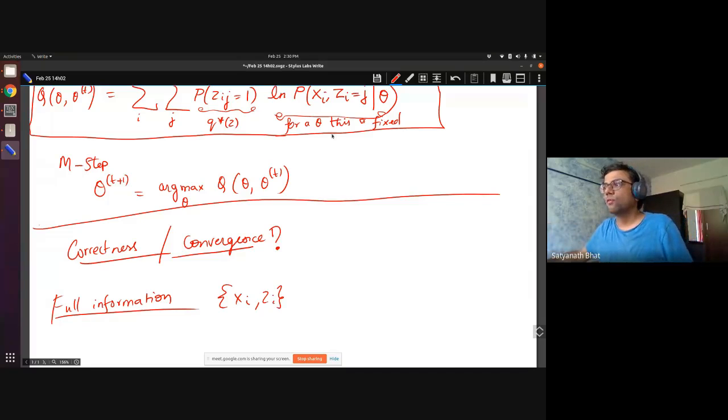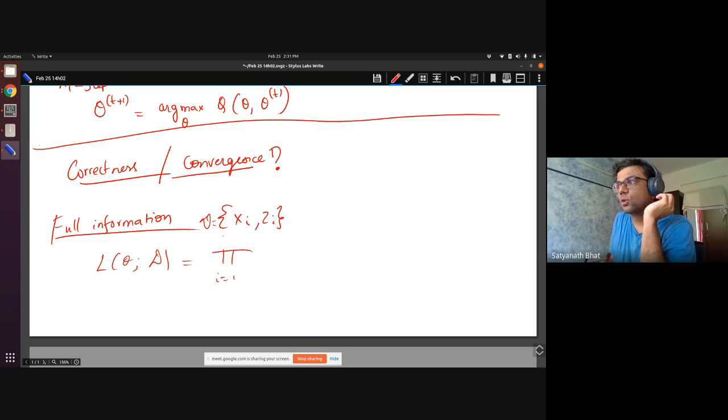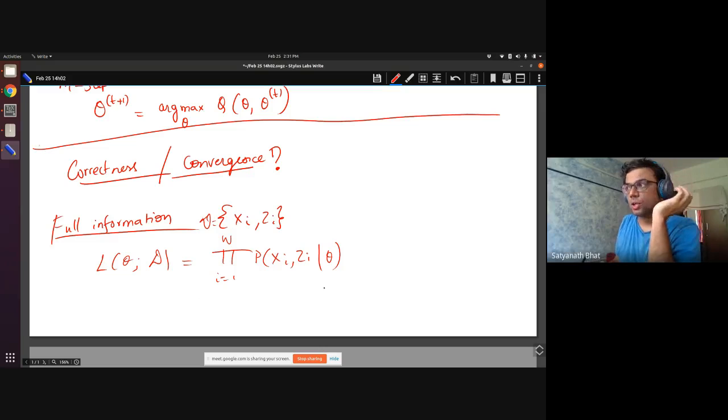Now when you look at the likelihood for your entire data, so this is your D, it is going to be given as the product i equal to 1 to n of p of xi, zi given theta. So Viranj, if I vary theta, I will get different values. Do you follow that idea?